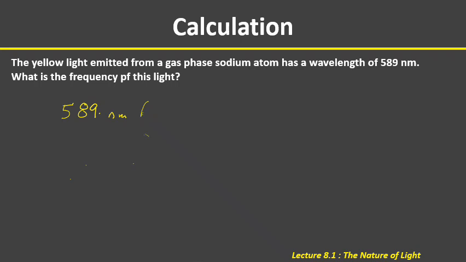So we'll put our nanometers at the bottom. 10 to the 9 nanometers, 1 meter. And that gives us 5.89 times 10 to the minus 7 meters.